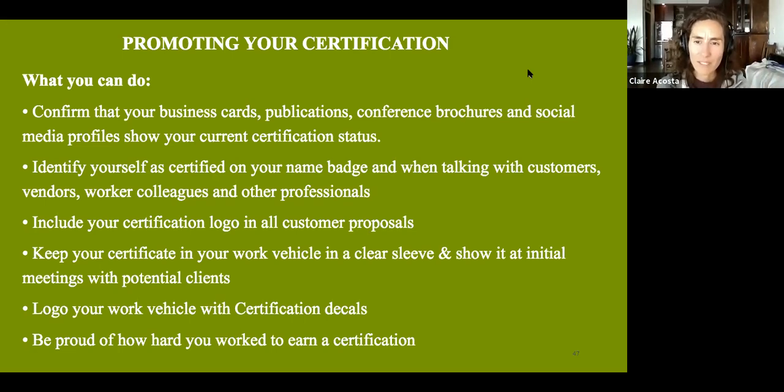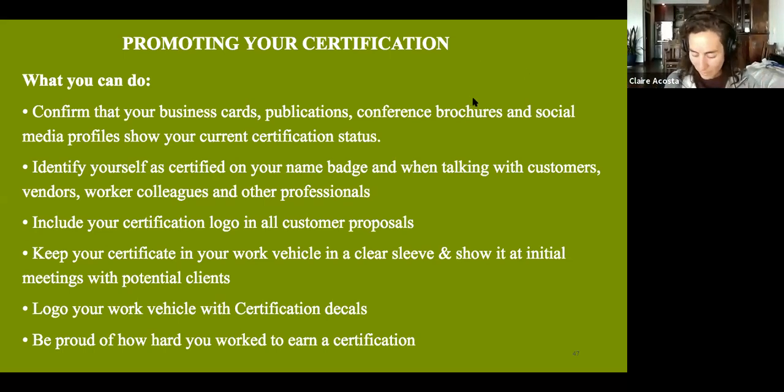I believe you guys get these decals. Anyway, you get these logoed decals that you can also stick on your work vehicle or whatever else you want to throw stickers on and identify yourself as having done the certification program.